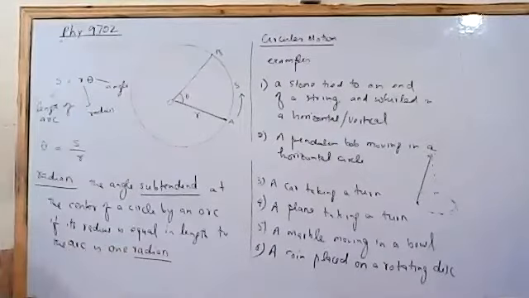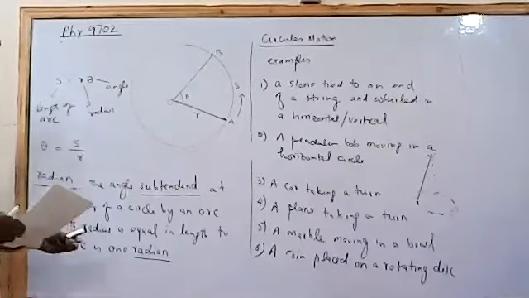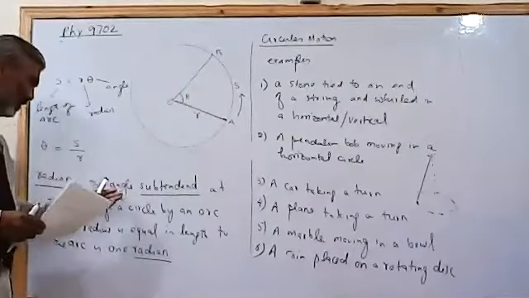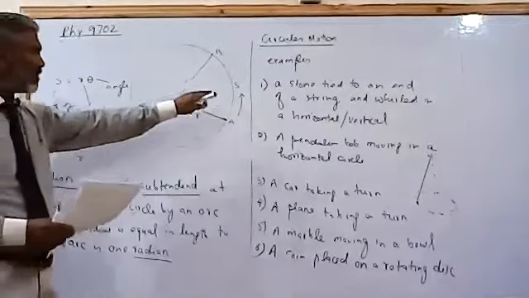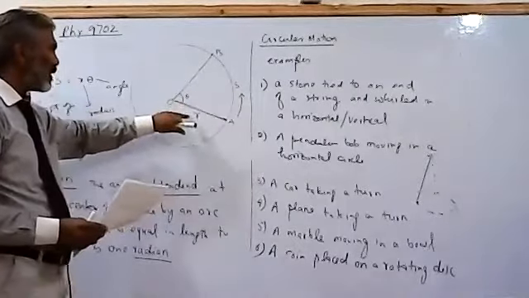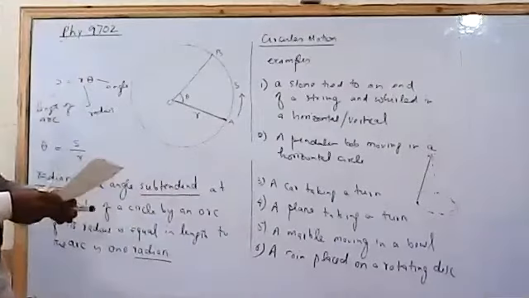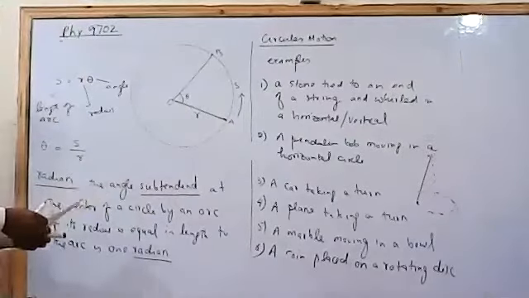So if you are asked to define radian, you define that this is the angle subtended at the center of a circle when the length of this arc is equal to the radius of that circle. So this is how we define radian.